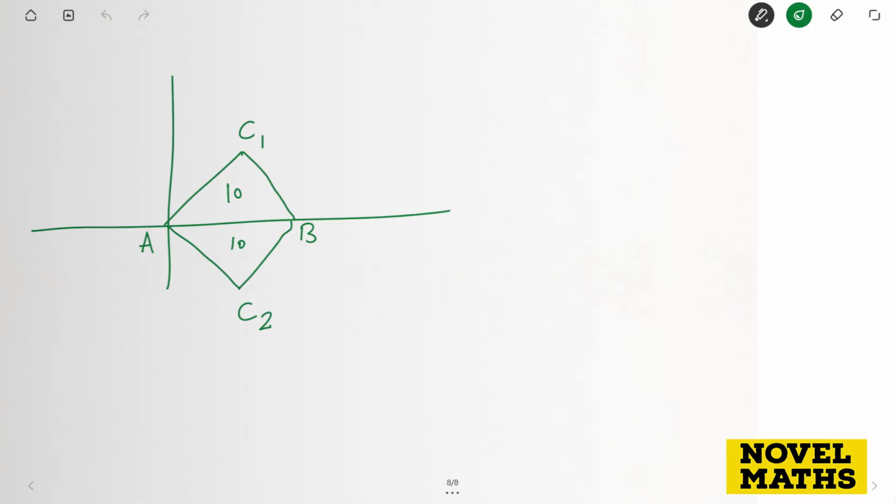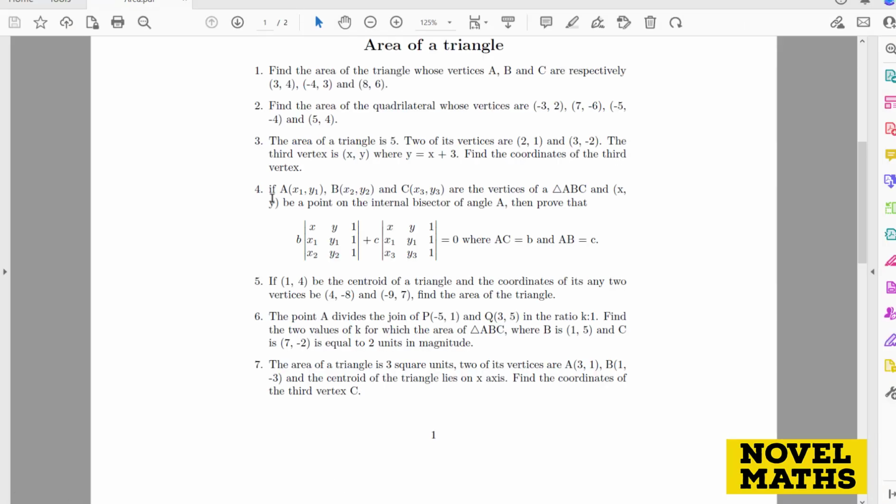Let's move to question number 4. Question 4 is, if A, B, C, 3 points are given, x1, y1, x2, y2, x3, y3 are vertices of triangle ABC and xy is a point on the internal bisector of angle A, then prove this one.